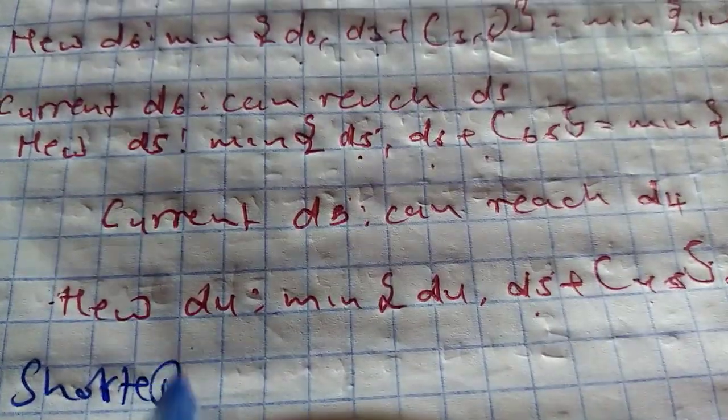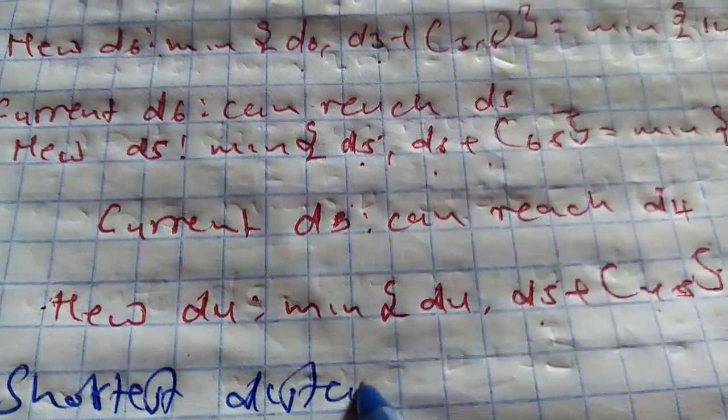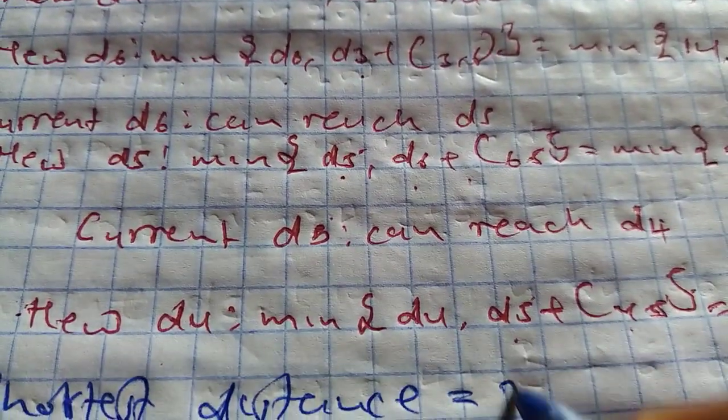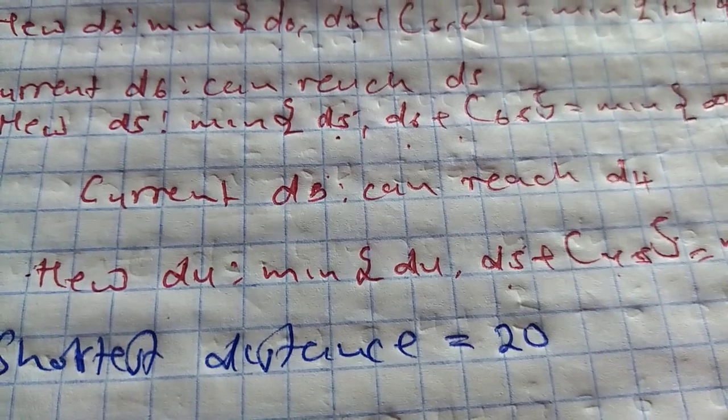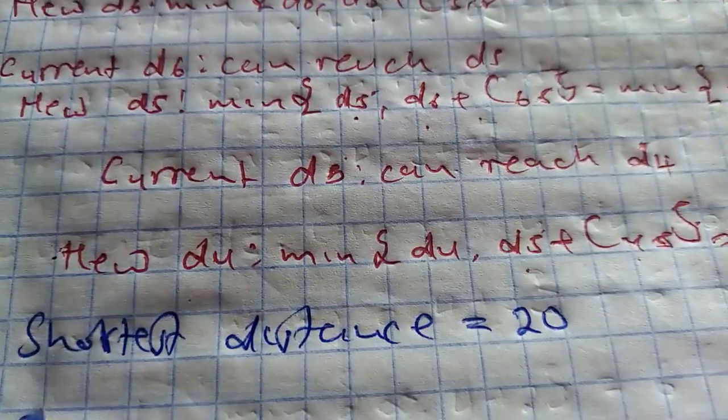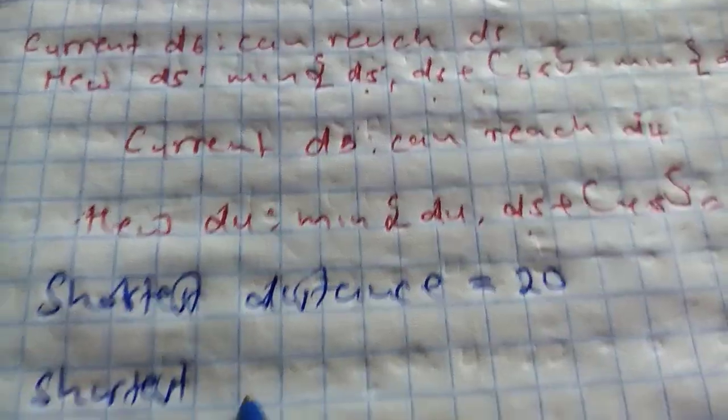Now the shortest distance equals 20. The shortest distance is 20. We also need the shortest path.